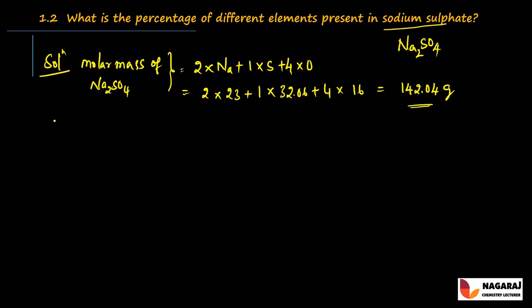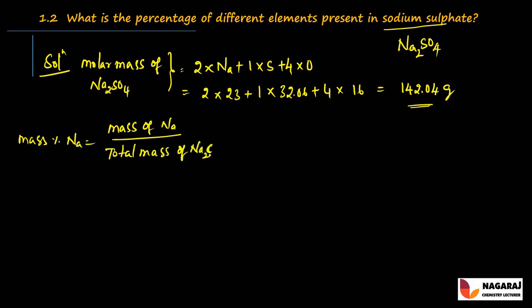Let us calculate the mass percent of sodium. That is, mass of sodium divided by total mass of Na2SO4 into 100.